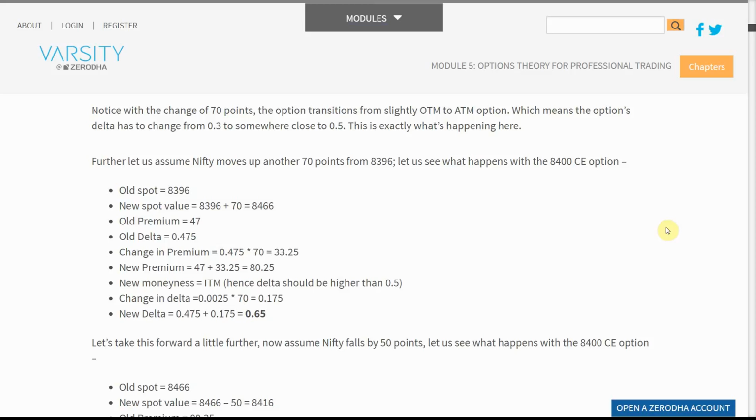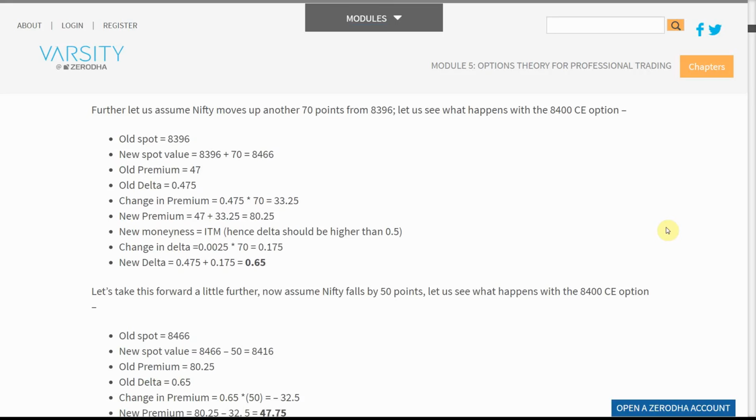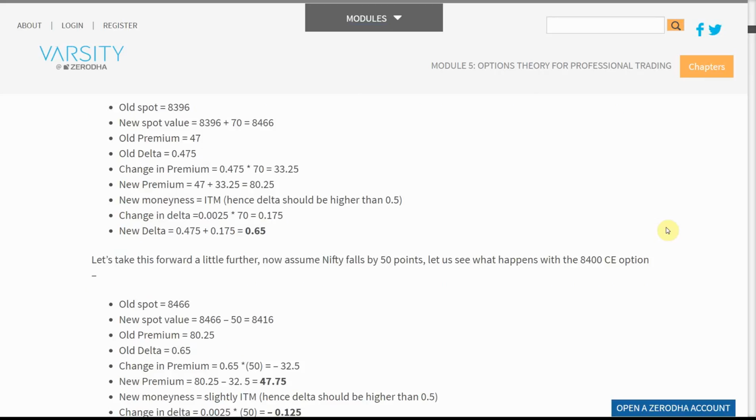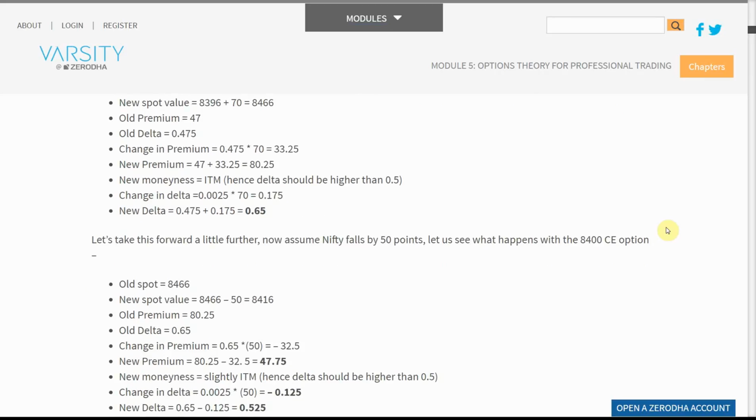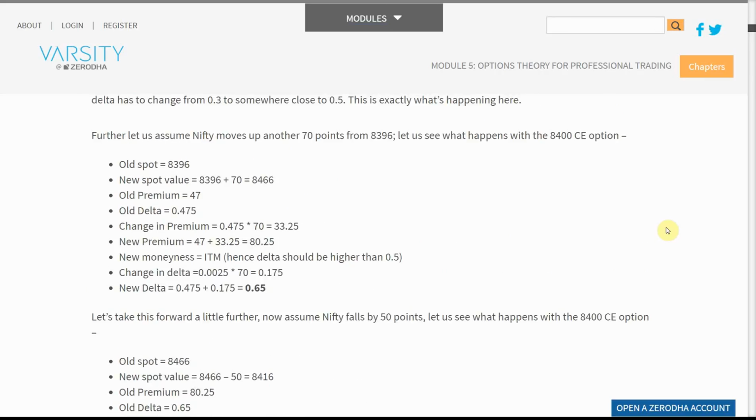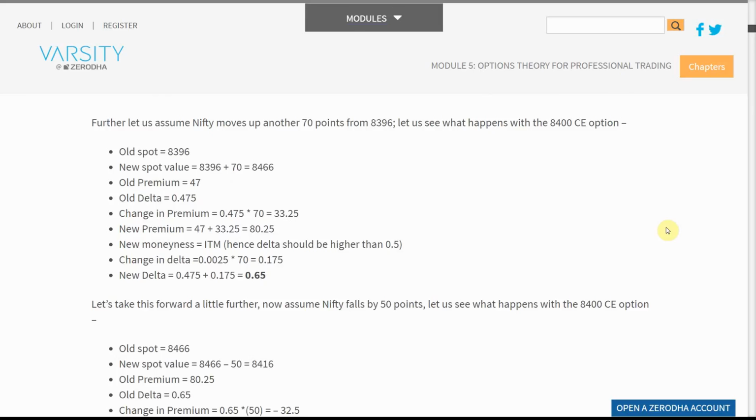Old spot equals 8,396. New spot value equals 8,396 plus 70 equals 8,466. Old premium equals 47. Old delta equals 0.475. Change in premium equals 0.475 asterisk 70 equals 33.25.